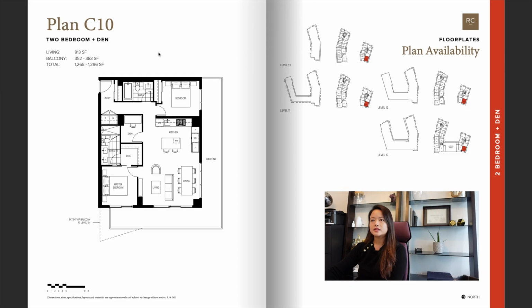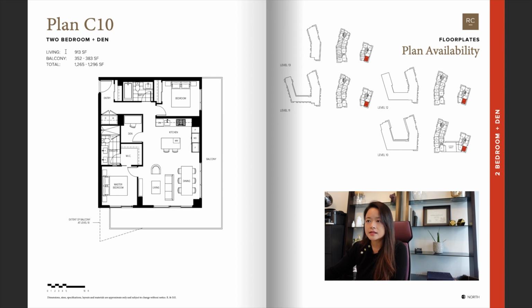Next, let's go over the square footages. Over here you can see it's divided up into living space, balcony space, and total square footage space. This is something that you would like to pay attention to because you would want to know what the interior square footage is. Each developer will call this something different.